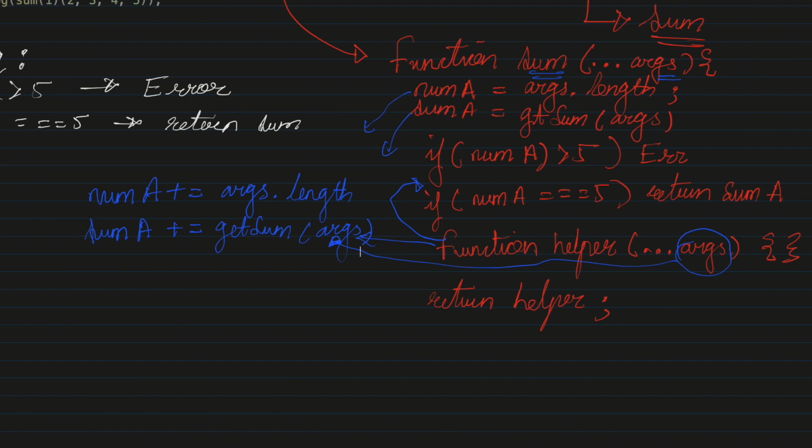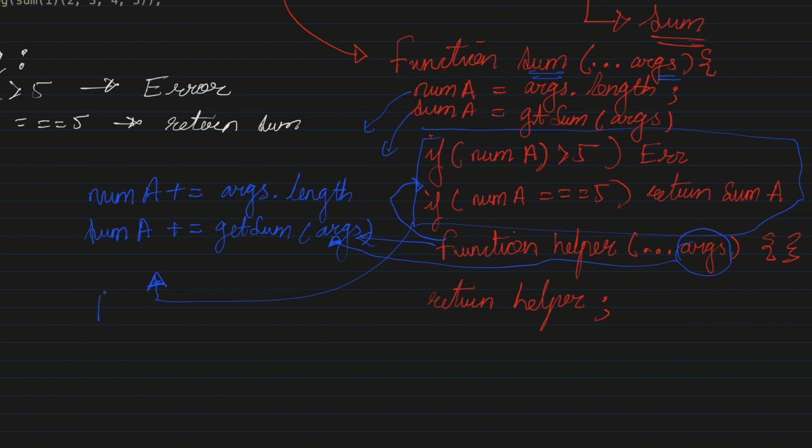Now again we can write these two lines, right? We could just copy paste these two lines over here. Now let's assume these two lines go after this. If the arguments are greater than 5, we are throwing the error. If the arguments are equal to 5, then we are returning the sum. But now if these two conditions are not met, we have to return one more function.